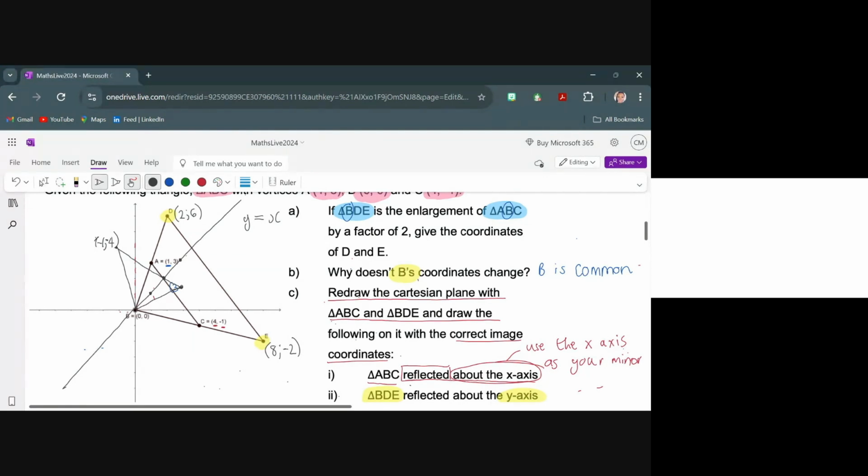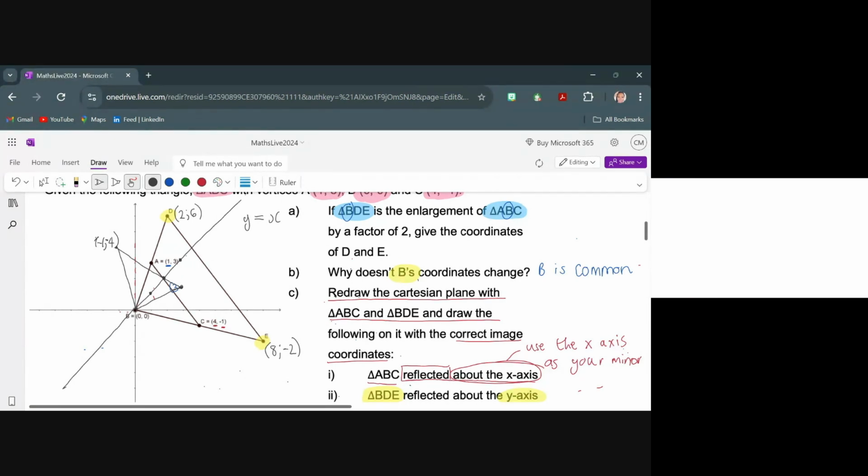Okay, let's transform these. Are we ready, guys? So I'm going to take D, and I'm going to take my x value and make it my y value, and my y value and make it my x value. So my x value is now my y value, so my y value is now 2.